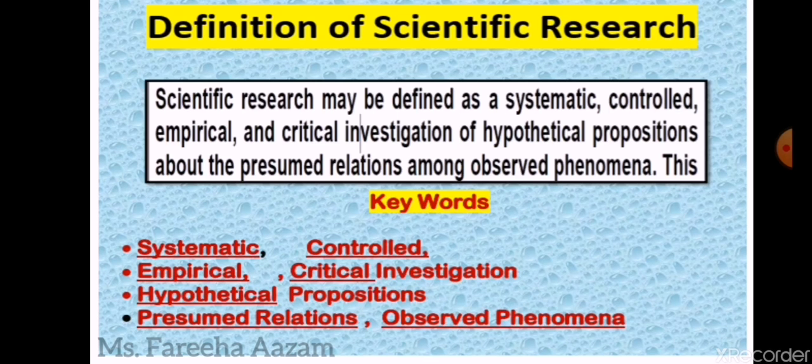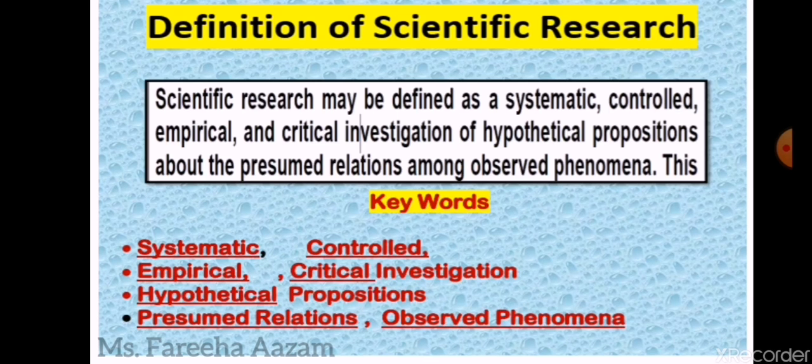In fact, research is an art of scientific investigation, and the Advanced Learner's Dictionary of Current English lays down the meaning of research as a careful investigation or inquiry, especially through the search for new facts in any branch of knowledge.